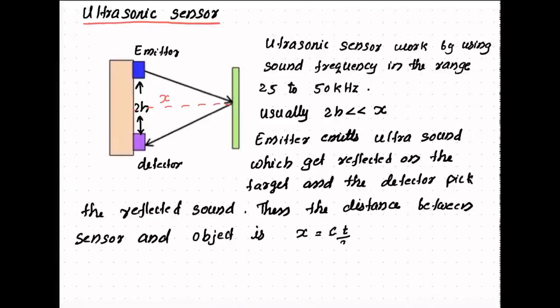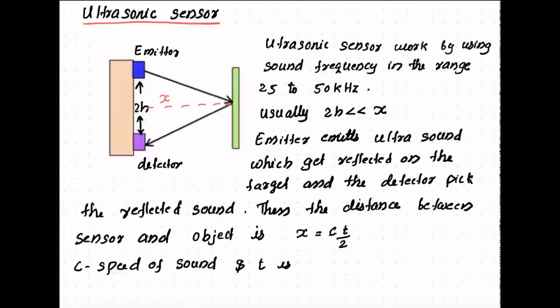So time taken for the sound to travel from target to detector is total time divided by 2. So the x value we can calculate it as x equal to ct by 2.